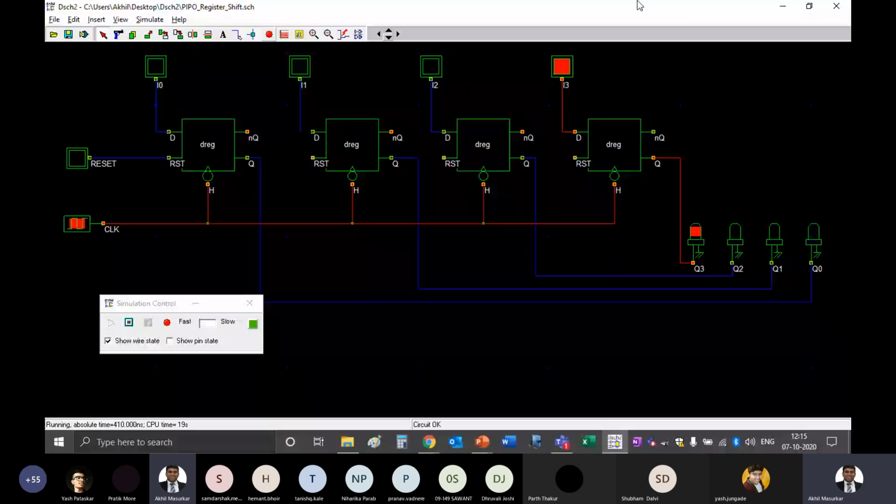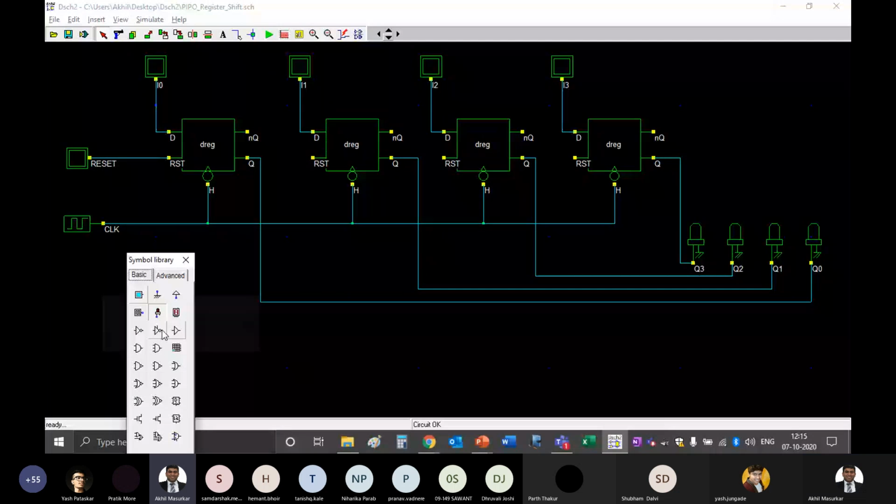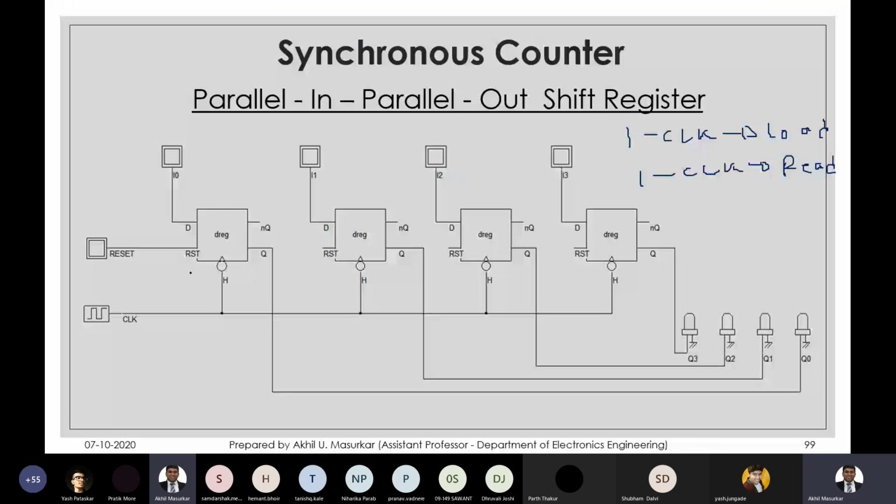So this is basically your parallel in, parallel out register. Come on, draw this. I will share all these schematics with you, but unfortunately in the exam you will have to draw this, so you should know how to draw it.